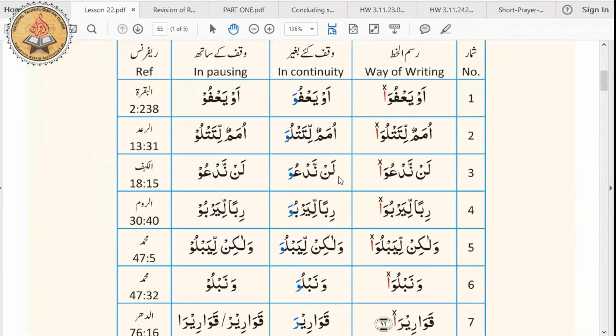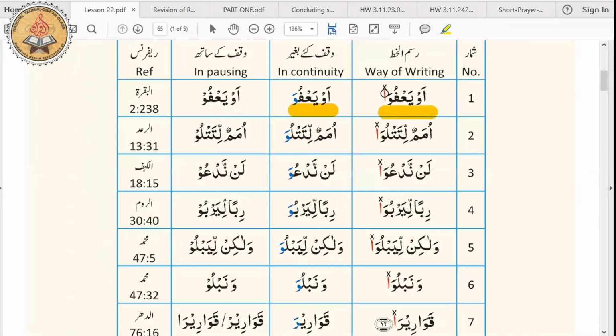Assalamu alaikum. Wa alaikum assalam. Okay. Then can you read this word, how you read it when you are reading in continuity? Okay, so in the end wa only one second, and you will find this word written like this in the text of the Holy Quran.